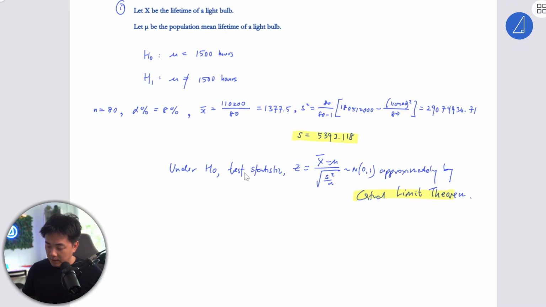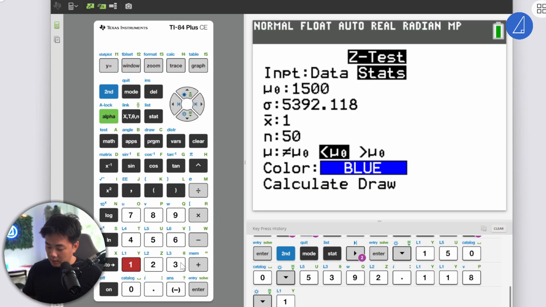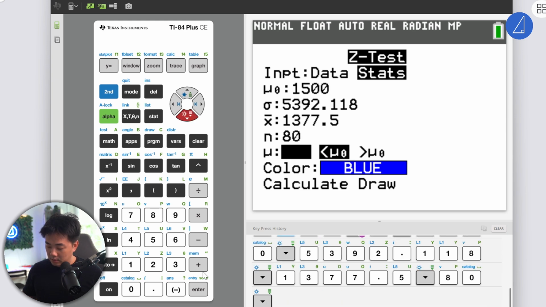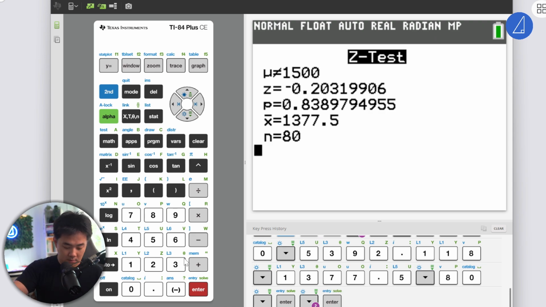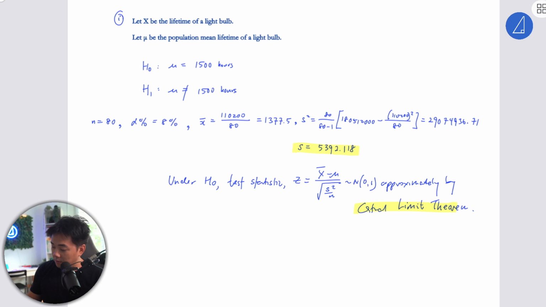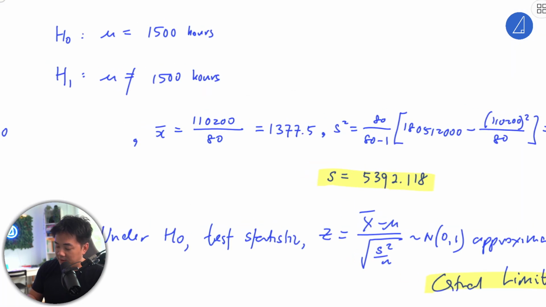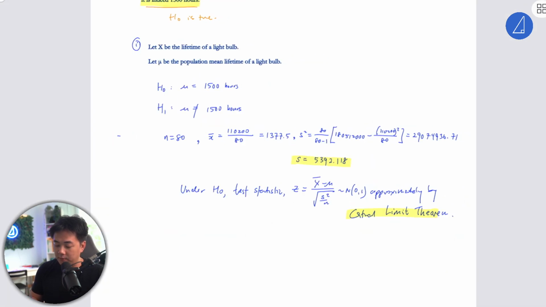The x bar would be 1377.5. Then n is 80, then two-tailed, and we just find the p-value. Essentially, we want to find the range of p-value. We're not testing on the alpha percentage here, so my bad. So this is just n equals 80. We just find it from the calculator.